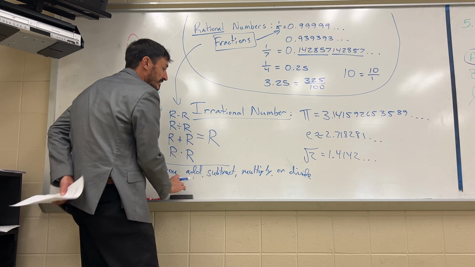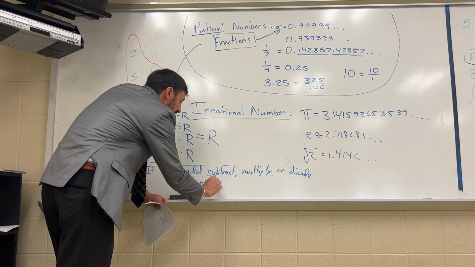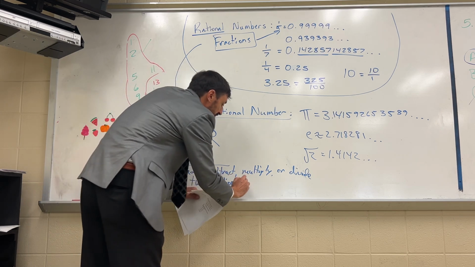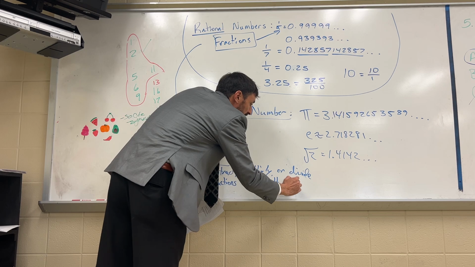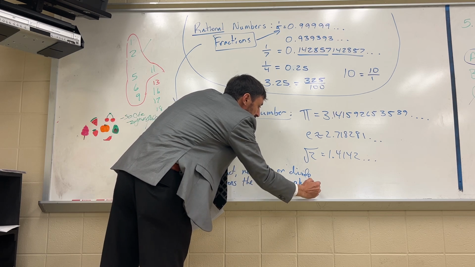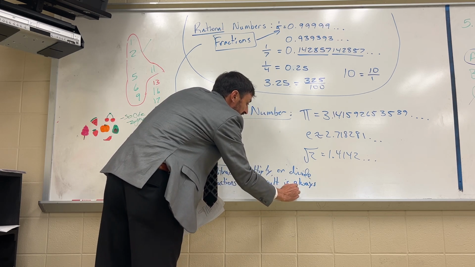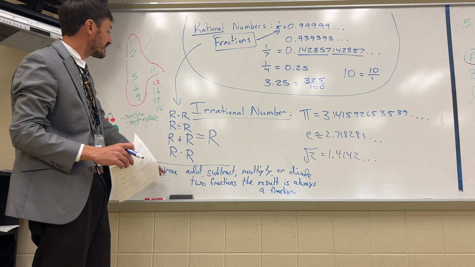If you add, subtract, multiply, or divide two fractions, because rational numbers are fractions, the result is always a fraction. Okay, that's the reason.